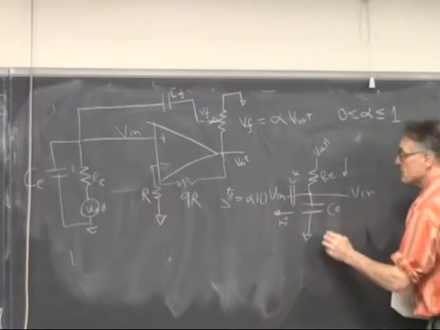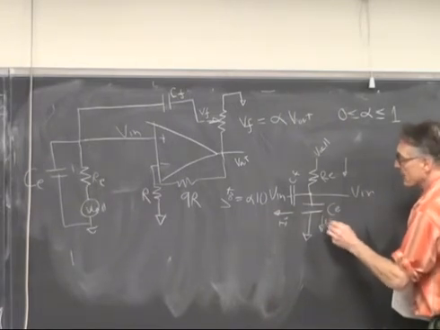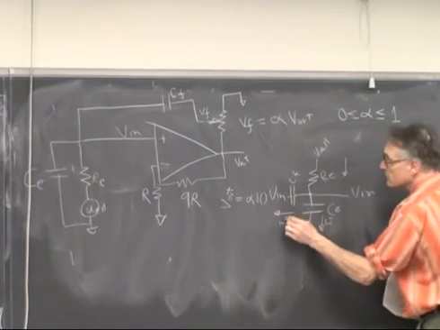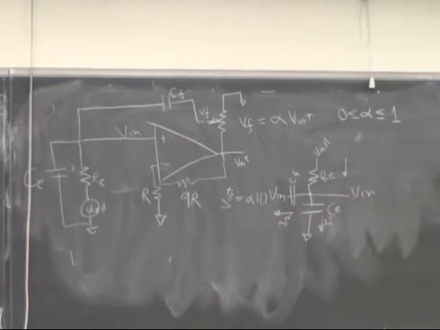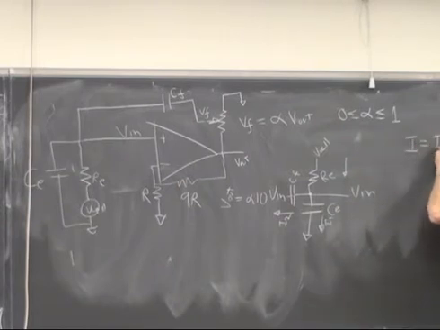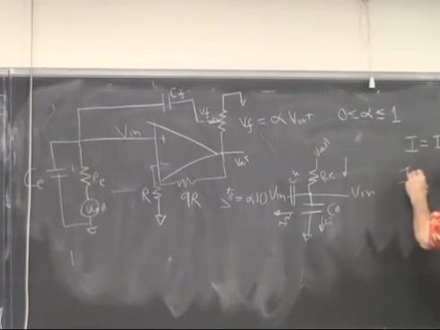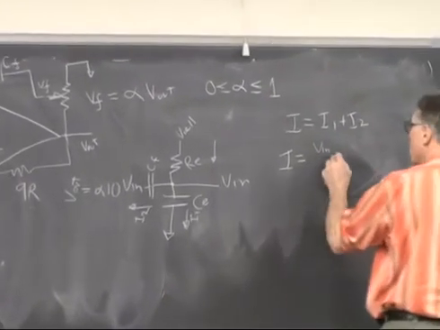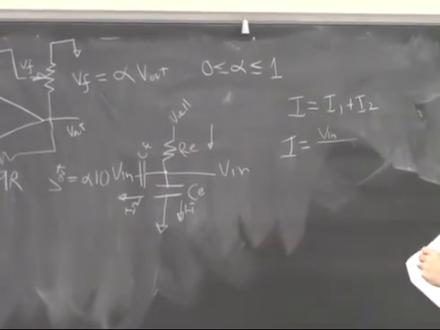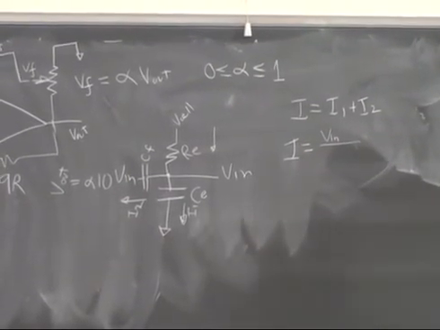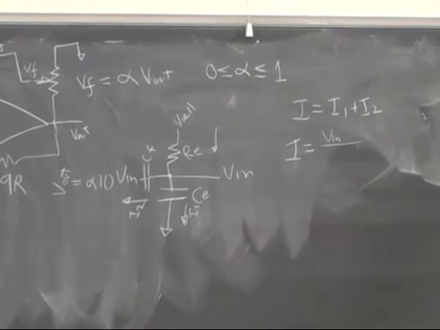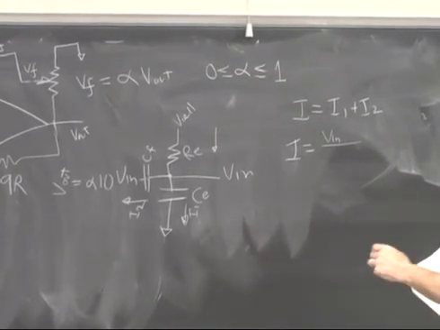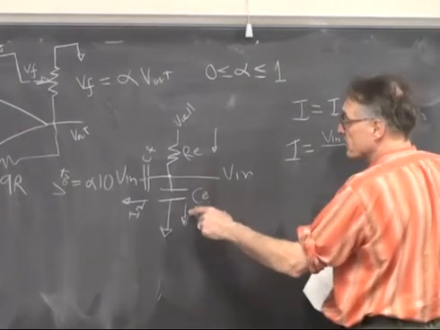Conservation of charge says that the current either flows out through one of these two capacitors, I1 and I2. And we know from conservation of charge that I1 plus I2 is equal to I. And we know that I has to be equal to Vn over, so I1 is the current flowing through this capacitor.